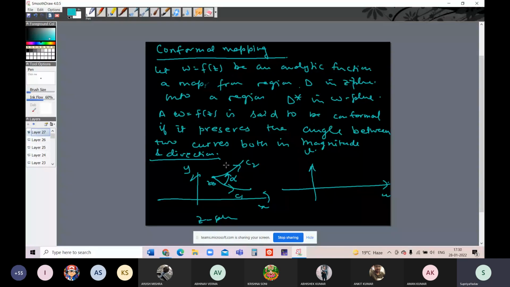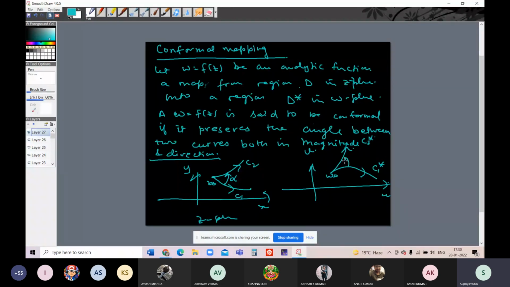If this curve c1 under this map w is mapped in w plane like this, for suppose this is c1 star. c1 star is the image of this c1 under this map, and this c2 is mapped, and this point z naught is mapped here in w naught, and c2 under this map is mapped in c2 star.